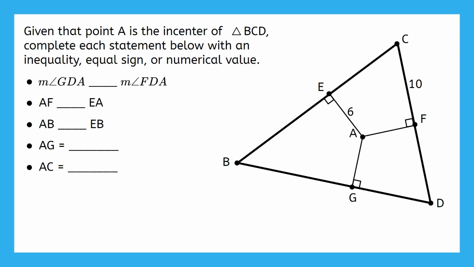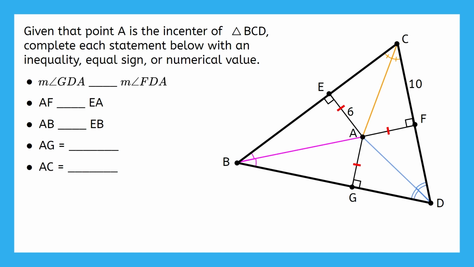We know that the distances from the incenter to each side of the triangle are congruent because they're perpendicular to their sides. So we can mark those. Since the incenter is where all the angle bisectors meet, we know that connecting point A to all the triangle's vertices will bisect each angle, like this.